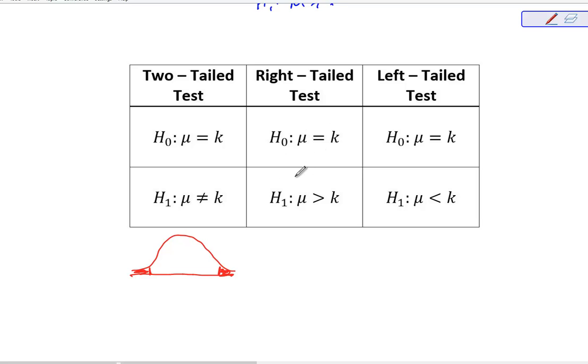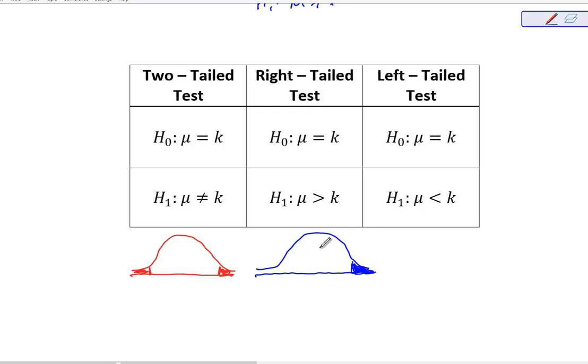For a right-tailed test, these are the greater than. Notice my null hypotheses always are the same. It's the alternative hypotheses that differ. So for a right-tailed test, my picture would look like this, only the right tail is shaded in.